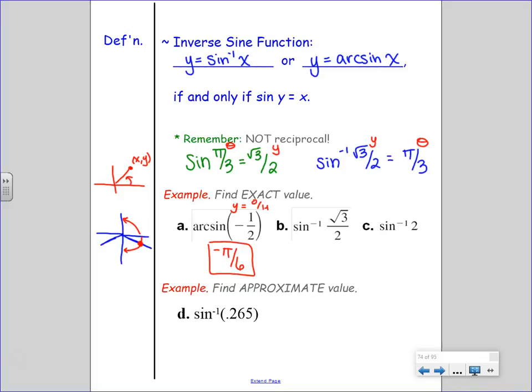We're using one representative answer. But if there are infinitely many different answers, is that very helpful when we come to like a test or when we come to like, I don't know, the mathematical community talking about a certain sine inverse? Is it helpful if everyone can have infinitely many different answers that are all right? No, we want a standard. And the standard is negative pi over 6.